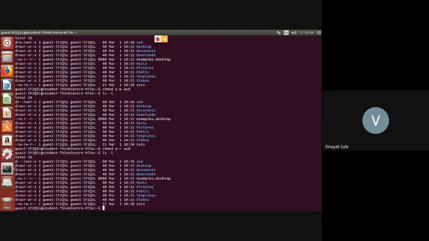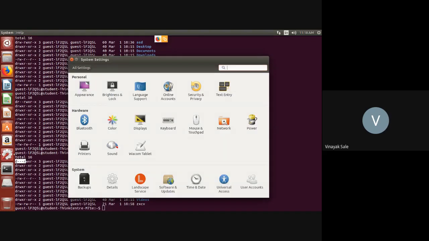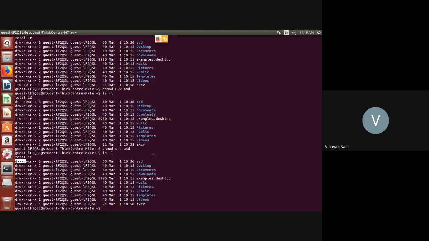Here see all these three permissions are removed from the user group. Then suppose you want to add this read write execute permission. Instead of the minus sign you can use the plus sign.